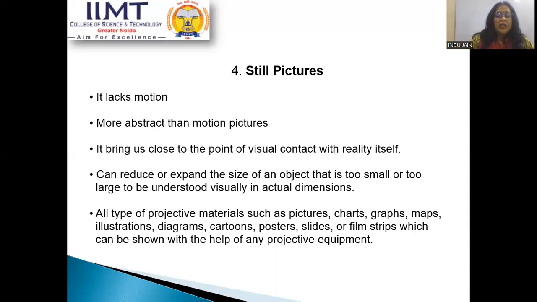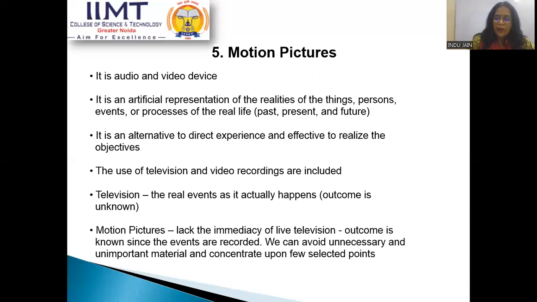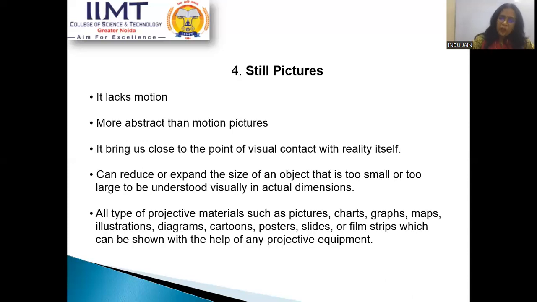These include all the projective materials such as pictures, charts, graphs, maps, illustrations, diagrams, cartoons, posters, slides, or film strip, which can be shown with the help of any projective equipment like OHP.